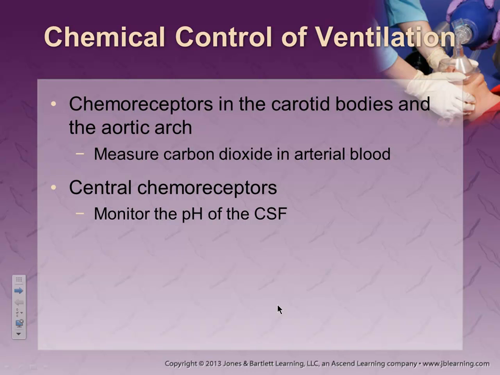When it's measuring in the CSF, it's really looking at the carbonic acid. Because when CO2 hits the brain in the arteries, it crosses the blood-brain barrier and combines with water. When CO2 combines with water, it forms carbonic acid. And that's what it's measuring in the CSF.